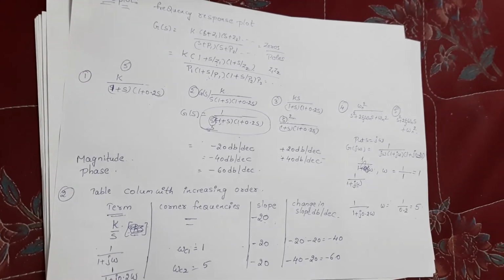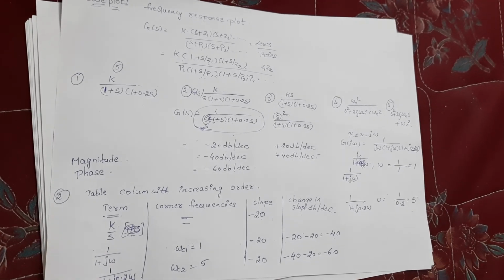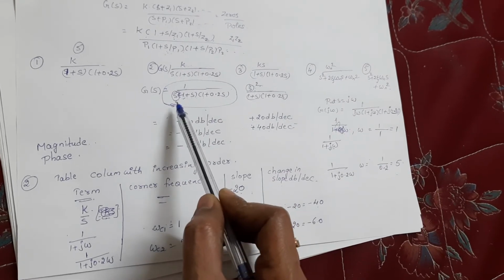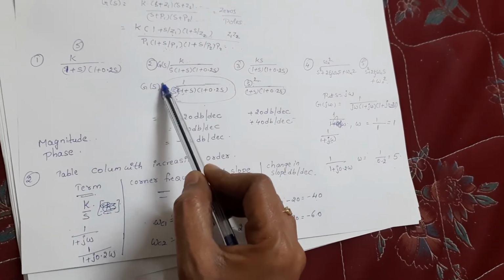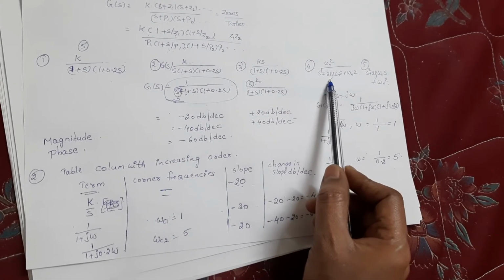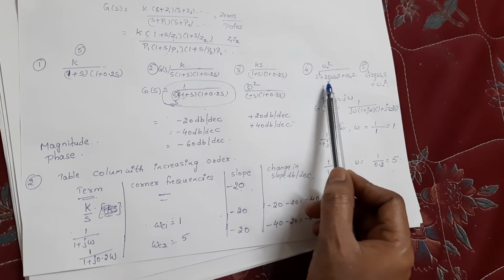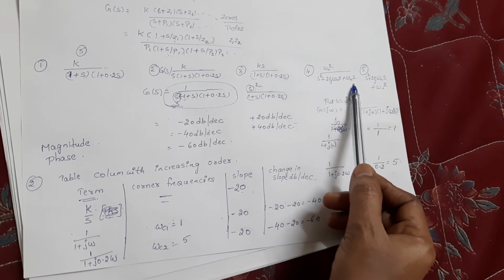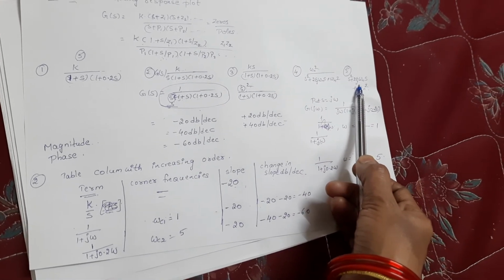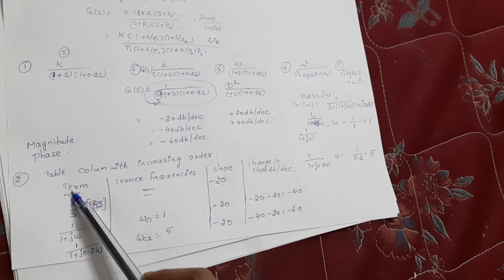So Bode plot means, remember, it is a frequency plot and you are going to have six varieties of problems: the constant K, a pole at the origin, a zero at the origin, the second order term like s square plus 2 zeta omega n s plus omega n square, and the second order format in the numerator. I explained how to write these in the tabular column.